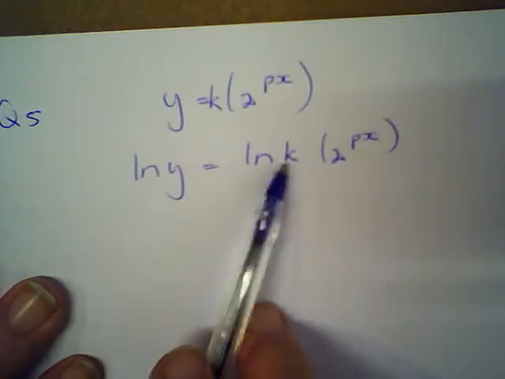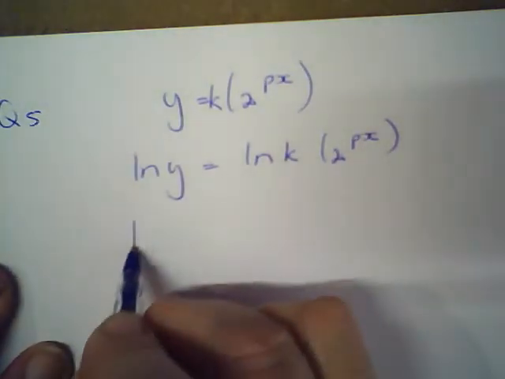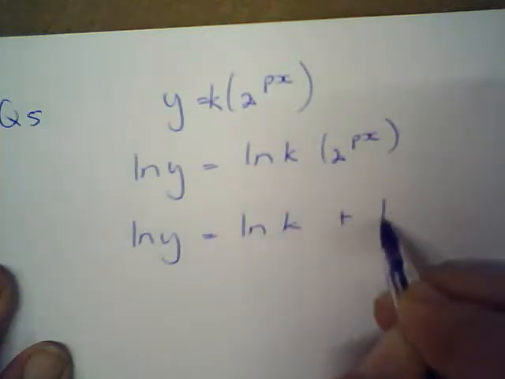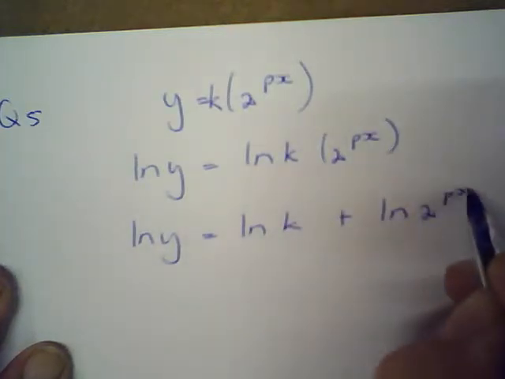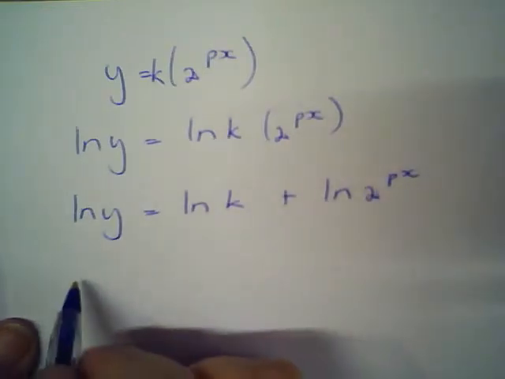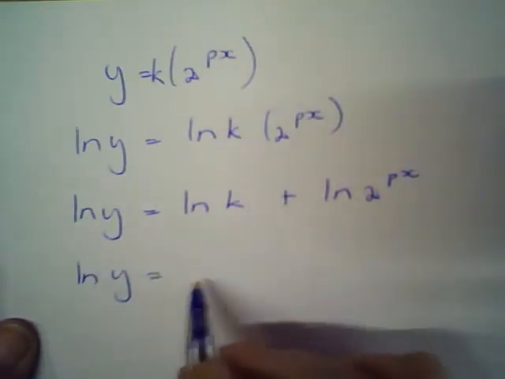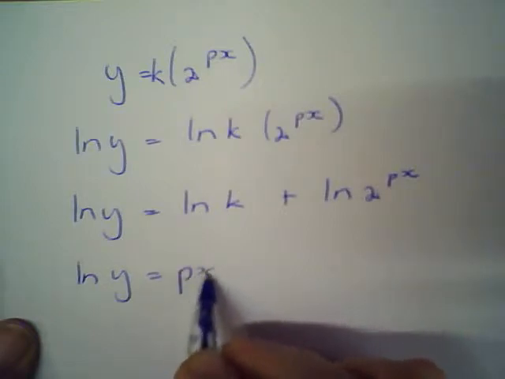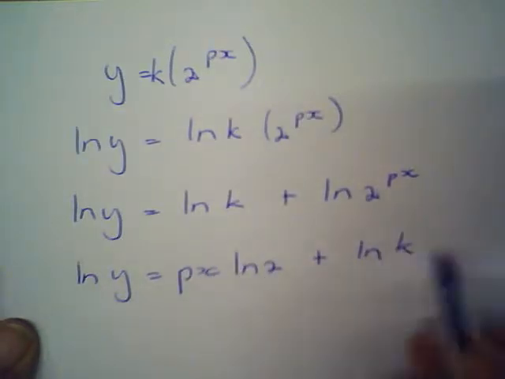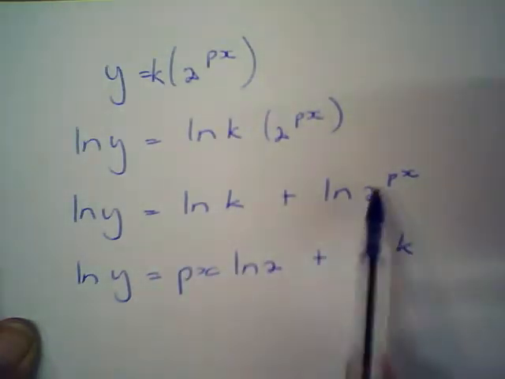Okay, so we need to use the product rule there. Natural log y equals natural log k plus natural log 2 to the power px. Use my power rule to bring that in front. Natural log y equals px natural log 2 plus natural log k. So I just swap those two terms around there.